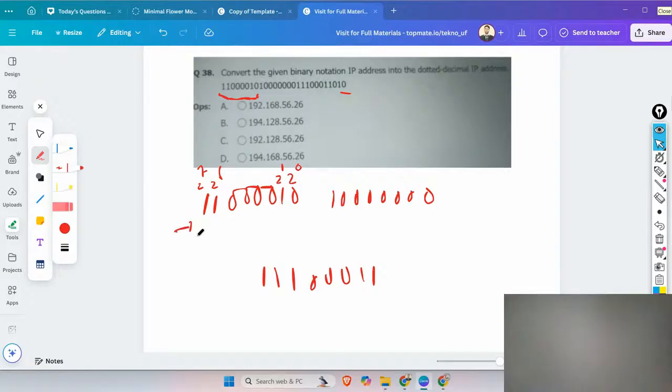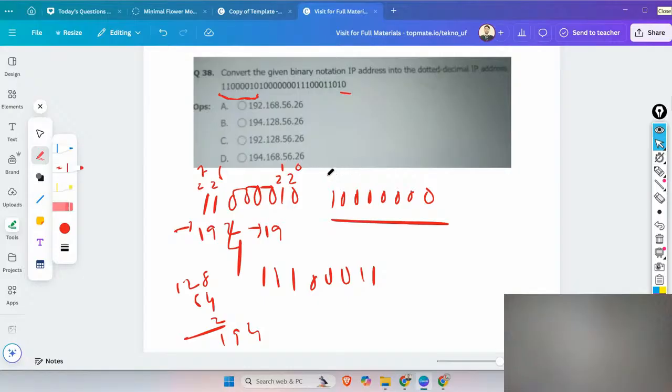So it will become 192. How? 2 to the power 7 is 128 plus 2 to the power 6 is 64, that becomes 192. Plus 2, that will become 194, right? 128 plus 64 plus 2, 194. So the first octet will become 194.